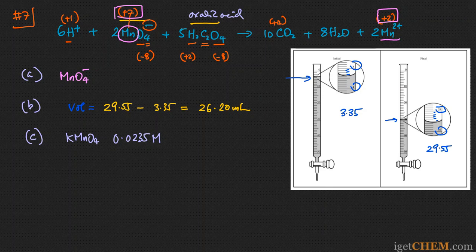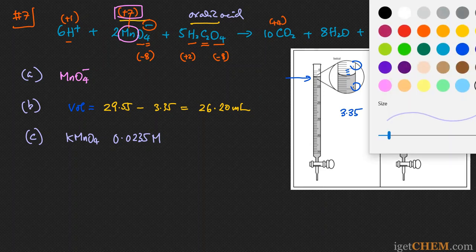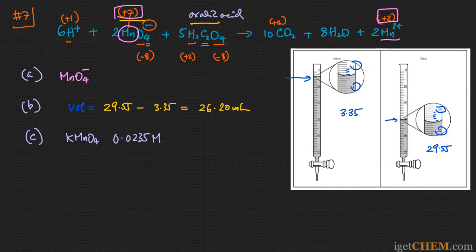So that's just multiplying the concentration by the volume reading that we just took. So the number of moles of MnO4 minus must be equal to the concentration multiplied by the volume, but we will write that in liters because molar is mole over liters.